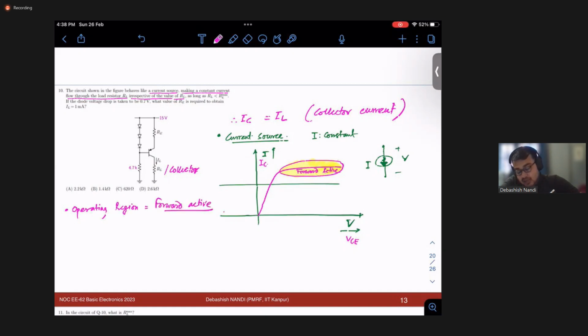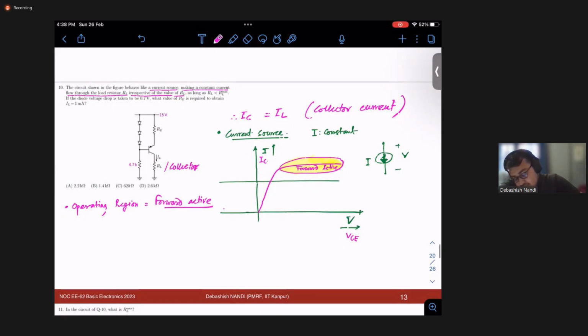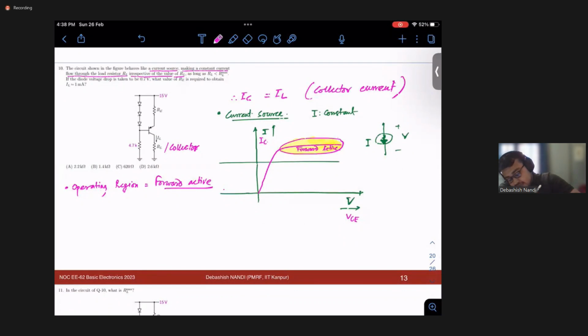Okay. Now see, as long as RL is less than RL max, if the diode voltage drop is taken to be 0.7 volt, that means net drop is 2.1 volt. That means this node voltage is 15 minus 2.1, how much? 12.9 volt, right?